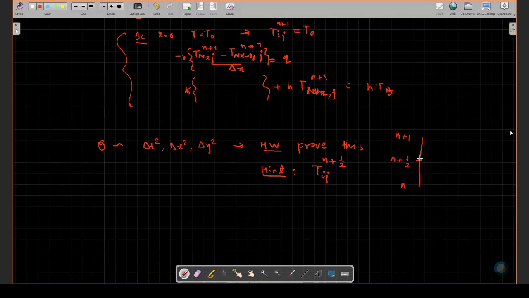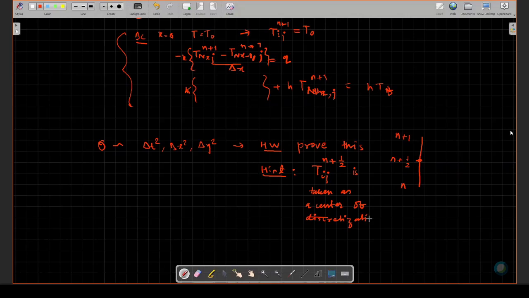So you have to take this as the center of your Taylor series. T_ij at n plus half is taken as the center of discretization.